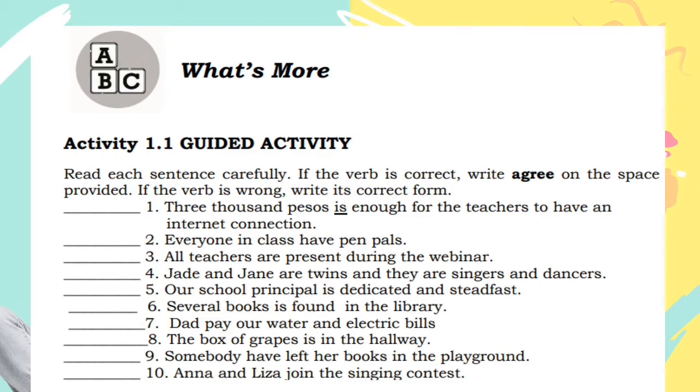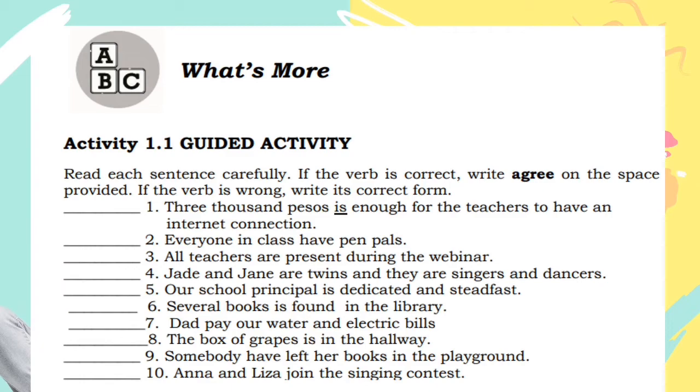If the verb is correct, write agree on the space provided. If the verb is wrong, write its correct form. Let's try number 1 and 2. 3,000 pesos is enough for the teachers to have an internet connection.